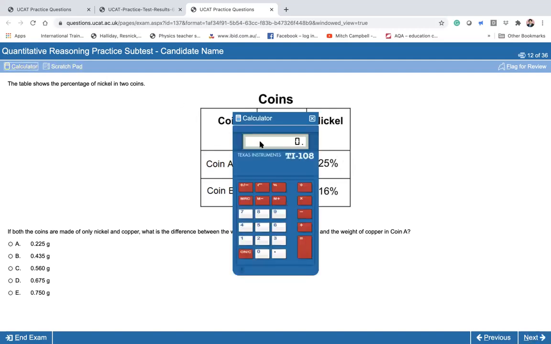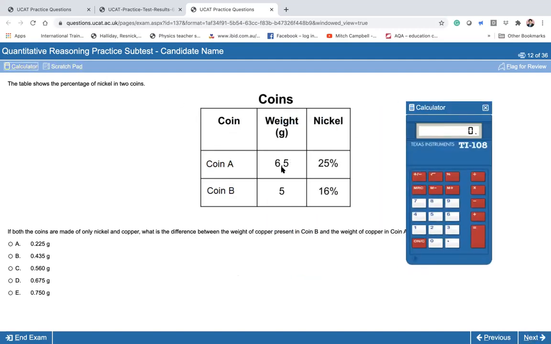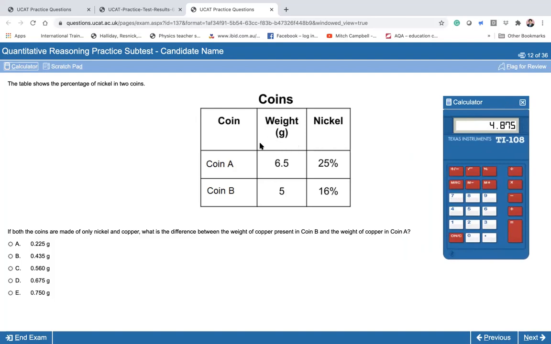So what we could do is we could find 75% of 6.5 grams. So 75% is 0.75 multiplied by 6.5, and that gives you 4.875. So the amount of copper in coin A is 4.875.